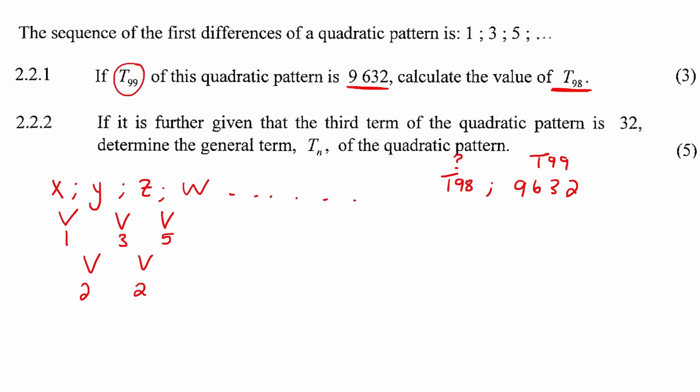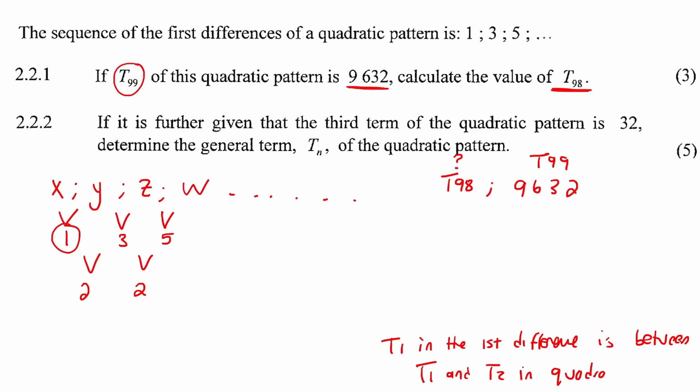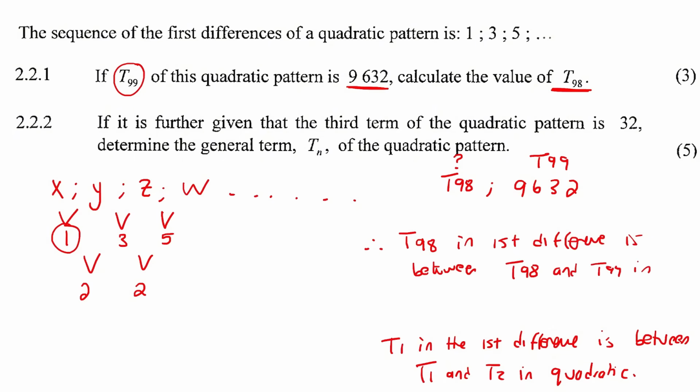If we look carefully, term 1 in this pattern is between term 1 and term 2 in the quadratic. Let's make a little summary for ourselves. T1 in the first differences is between T1 and T2 in the quadratic. Therefore, term 98 in the first differences is between T98 and T99 in the quadratic.